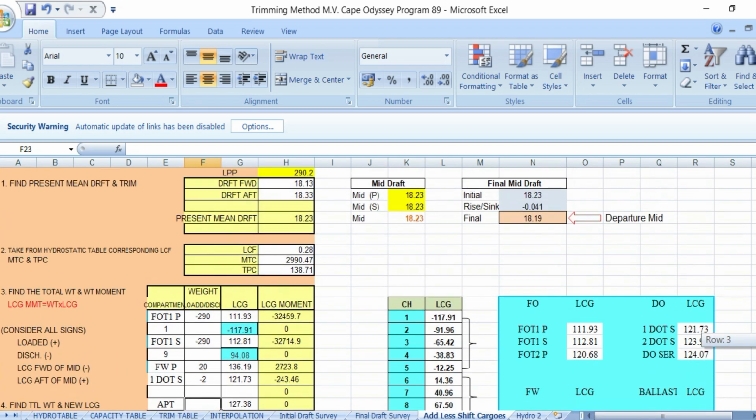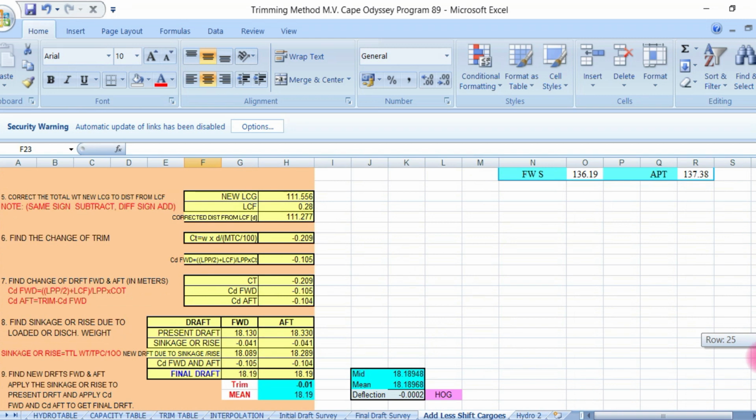Now we will make a draft survey of how much cargo we will still have if we use this draft.